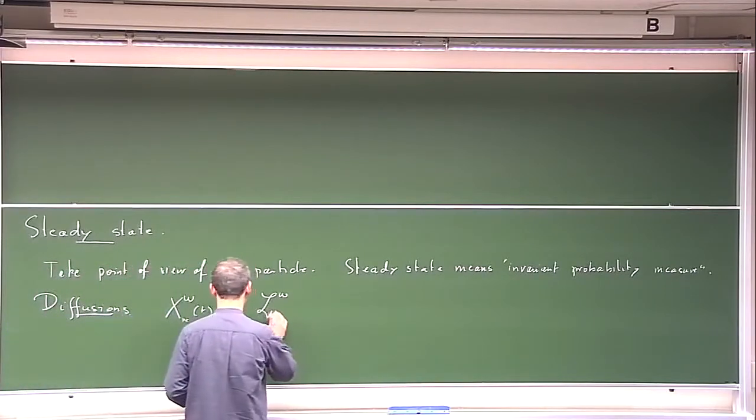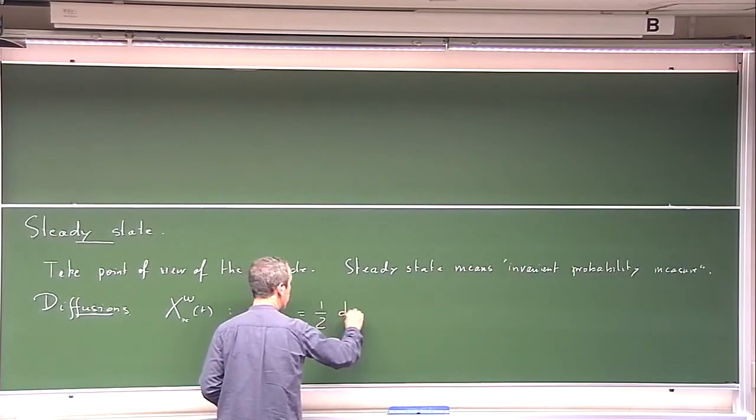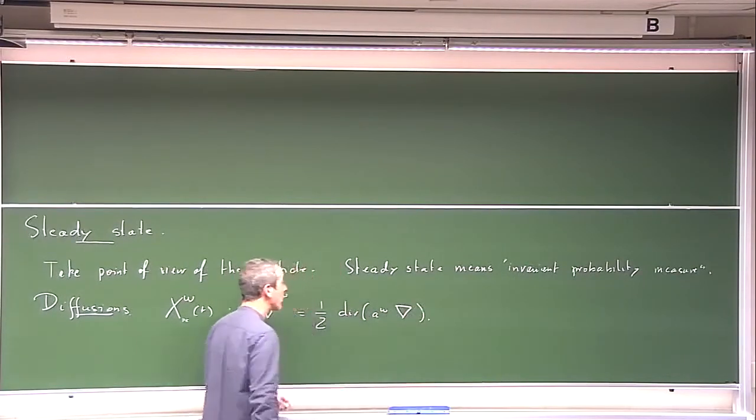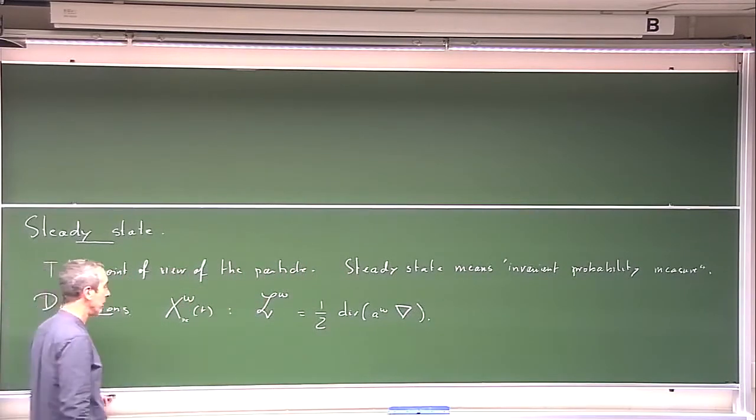And the generator of this guy is a symmetric operator. It's 1/2 div A(ω) grad. Okay, so this is the one corresponding to the absence of external force.